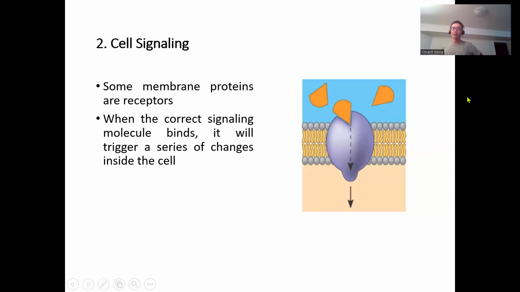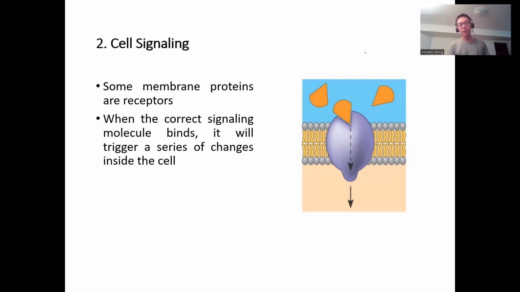Second function is cell signaling. We already talked about hormones a couple of times. There are protein hormones, there are steroid hormones, and hormones in general are responsible for changing how a cell behaves. It's a signaling molecule, right? It gets released from one part of the body, and then it travels to another part, and then it causes the cell to behave differently.